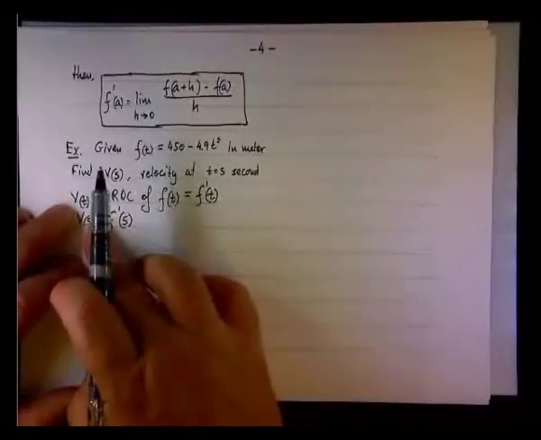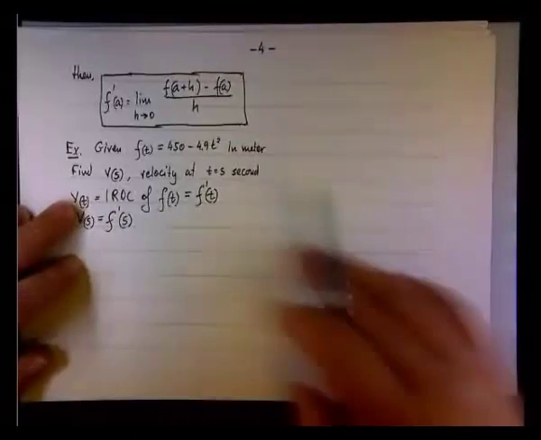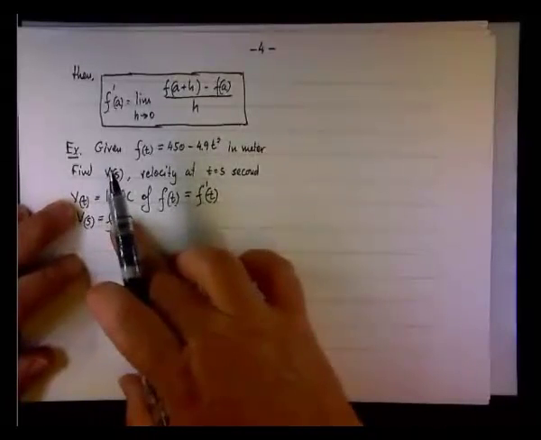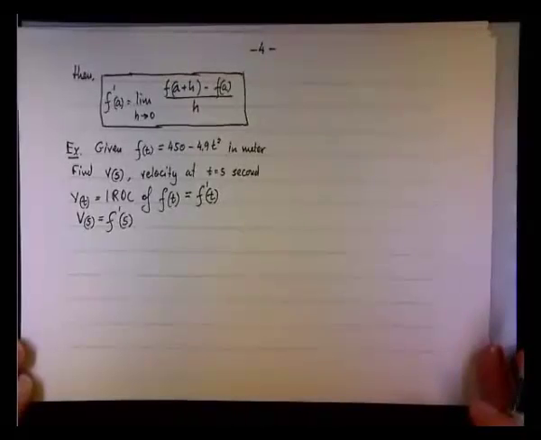Okay? Again, the velocity is the rate of change. The velocity of a position function is the instantaneous rate of change. If you graph position versus time, the instantaneous rate of change will be the slope of the tangent. The average rate of change will be the slope of the secant. So the slope of the tangent, by definition, is the derivative, f prime, and therefore we need to calculate f prime at 5 seconds.